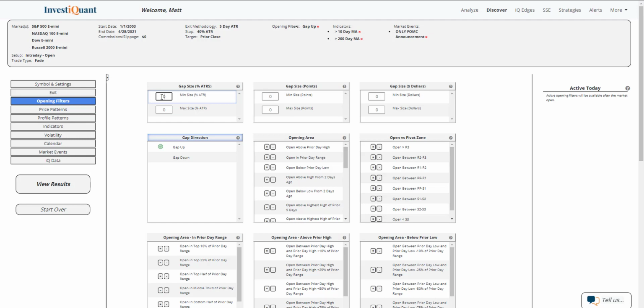If that's the case, then it would just count as a win in the backtest and not really be anything that's tradable. So I'm going to say that the gap size is at least 5% of the 5-day ATR. So minimum today, that would be a minimum gap size of at least 2 points or so. But that will set up this gap fade, and now I can hit view results.